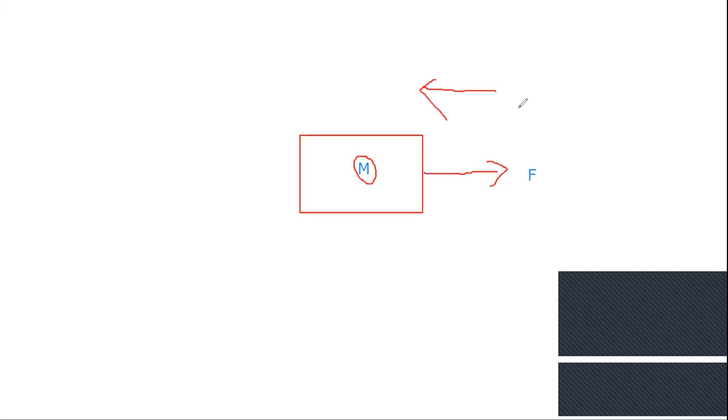But what is acceleration? The rate of change in velocity, or rate of change of displacement. So here I can have the expression d square x by dt square, and its direction is in this particular direction.